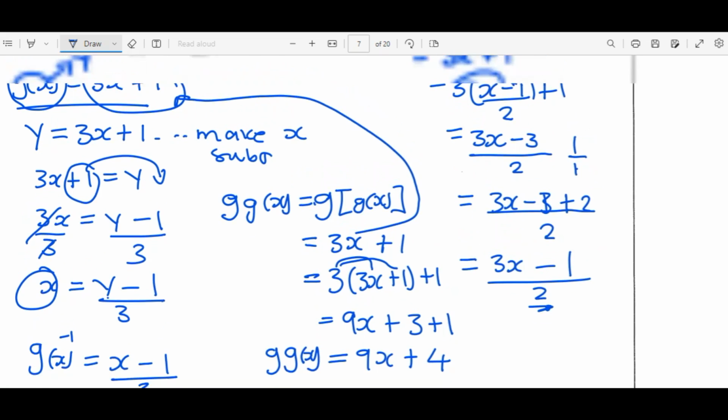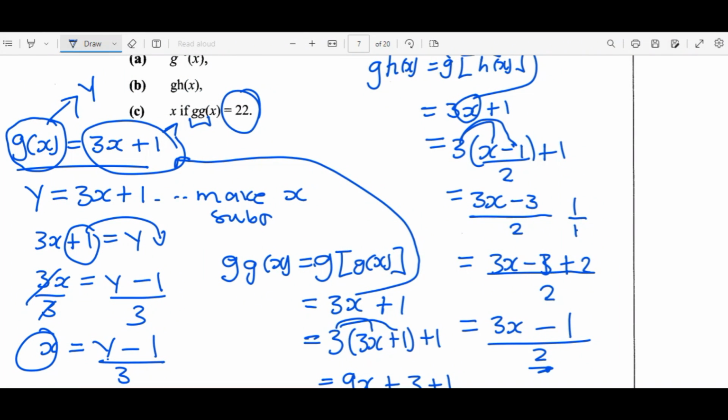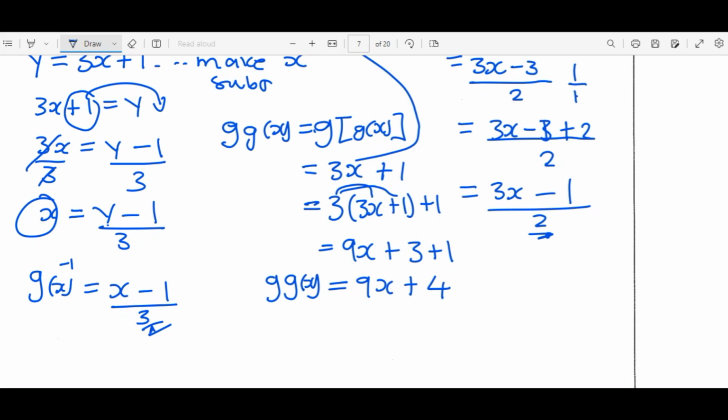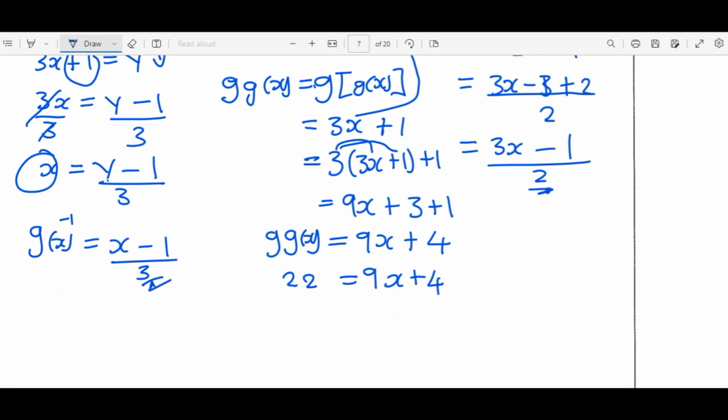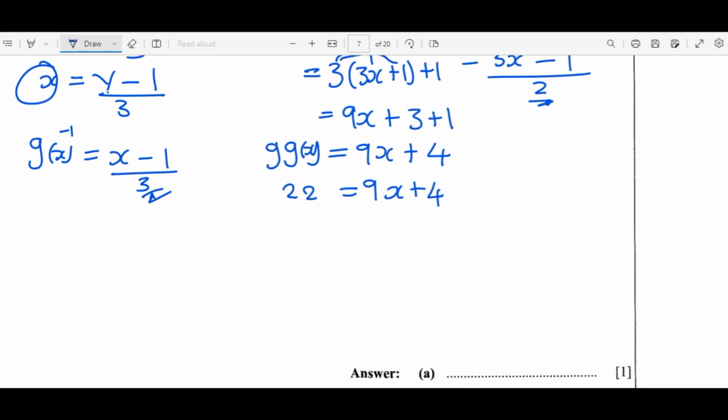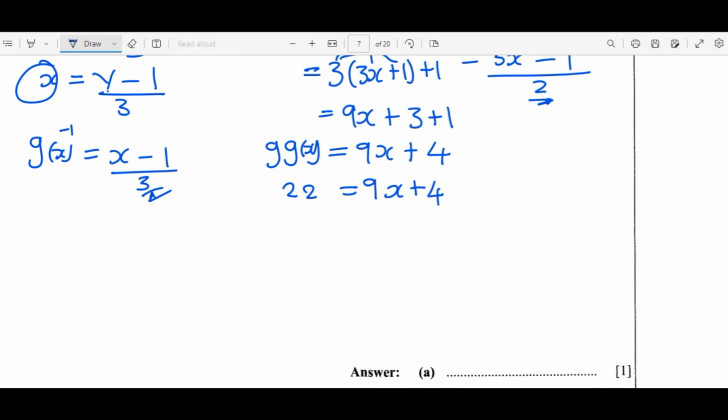Now remember, we are given this is equal to 22. So where there is gg of x, we put 22 is equal to 9x plus 4. So we have now formed an equation. It's a matter of collecting the like terms, then we solve.